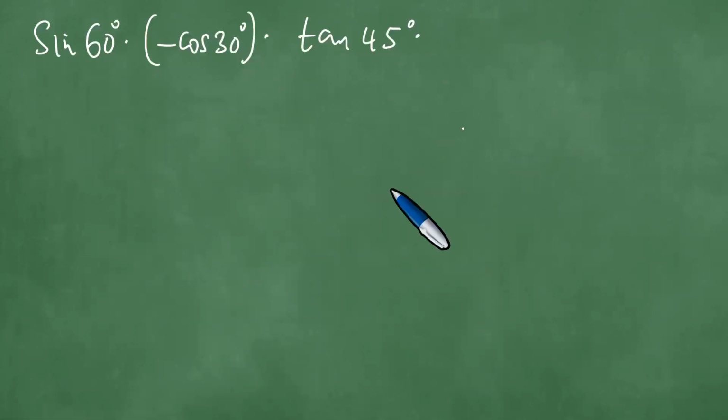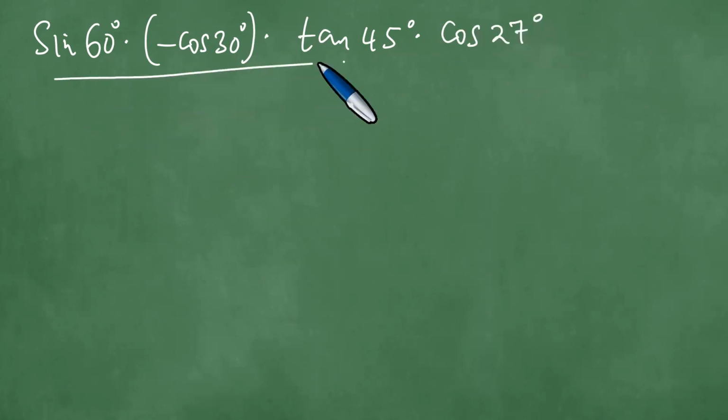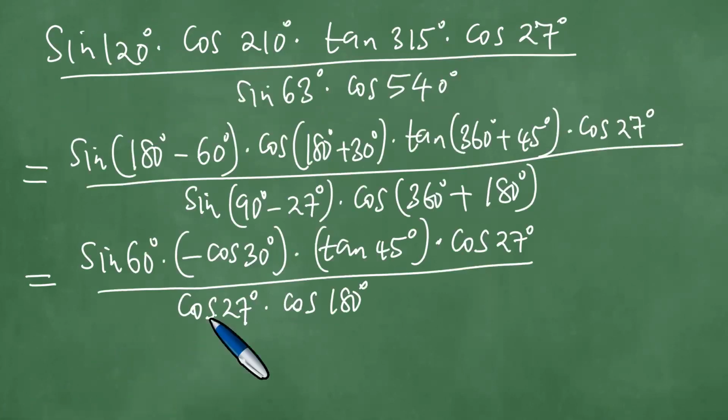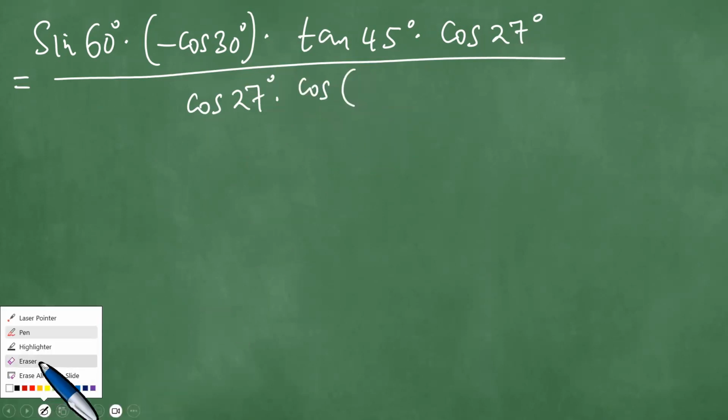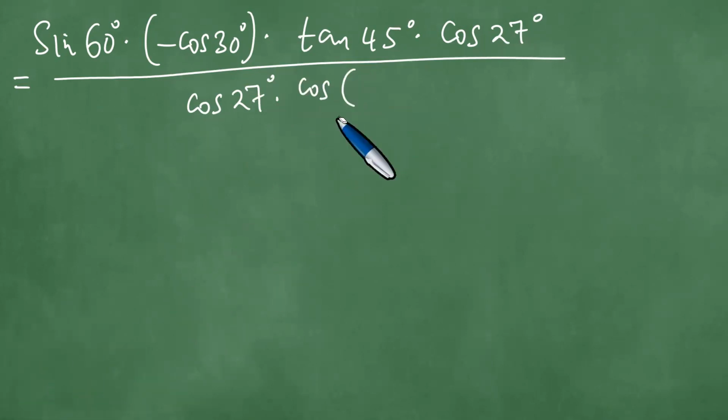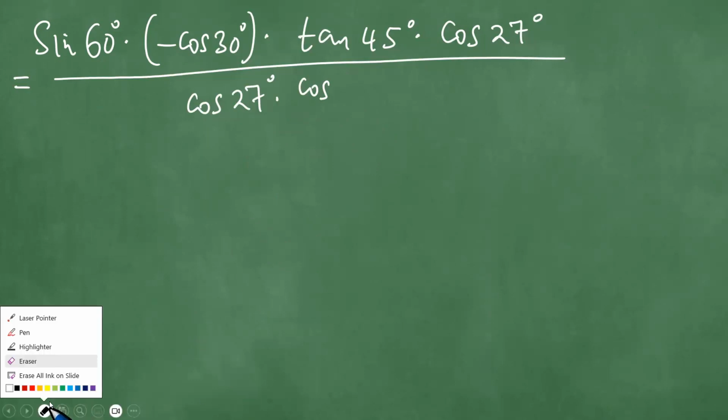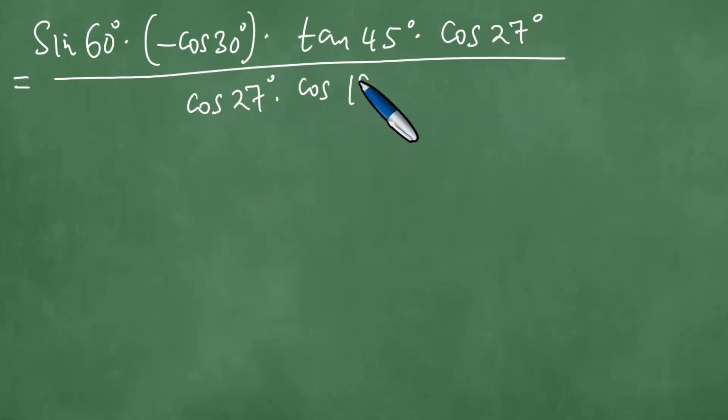Cosine 27. Okay, let's look at the bottom. The bottom is cosine 27, cosine 180. Right, so we have cosine 180 here.